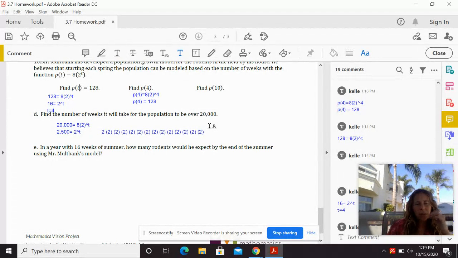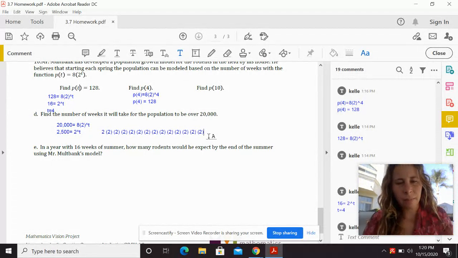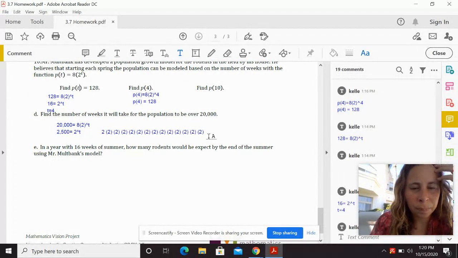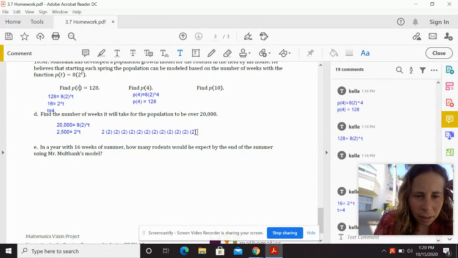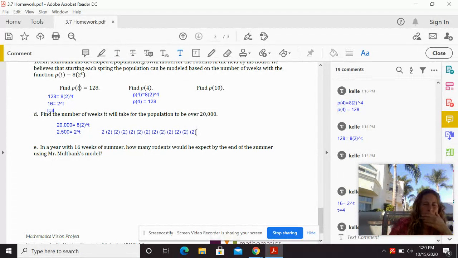Okay, so our last one we got up to 4,096. So that's too high. So then we divide that by 2, and we get 2048. So it's somewhere between, that's not the right answer.